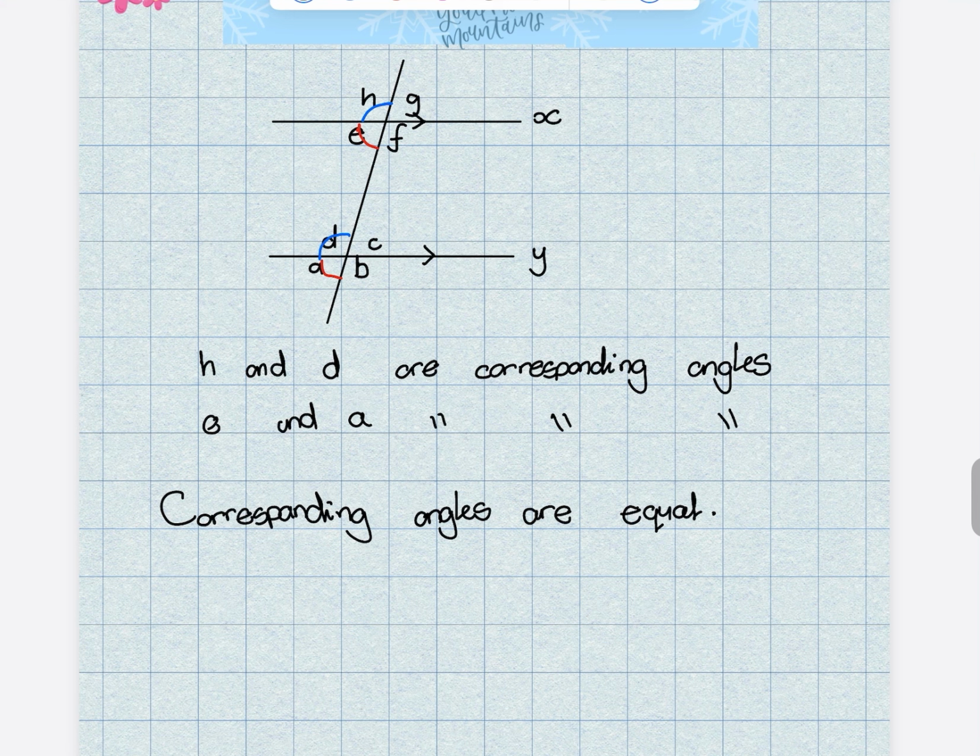So let's look at angle G. Angle G is above line X and is on the right. Which other angle is above the other parallel line, which is Y? Right, angle C. So we're saying that C and G are corresponding angles.